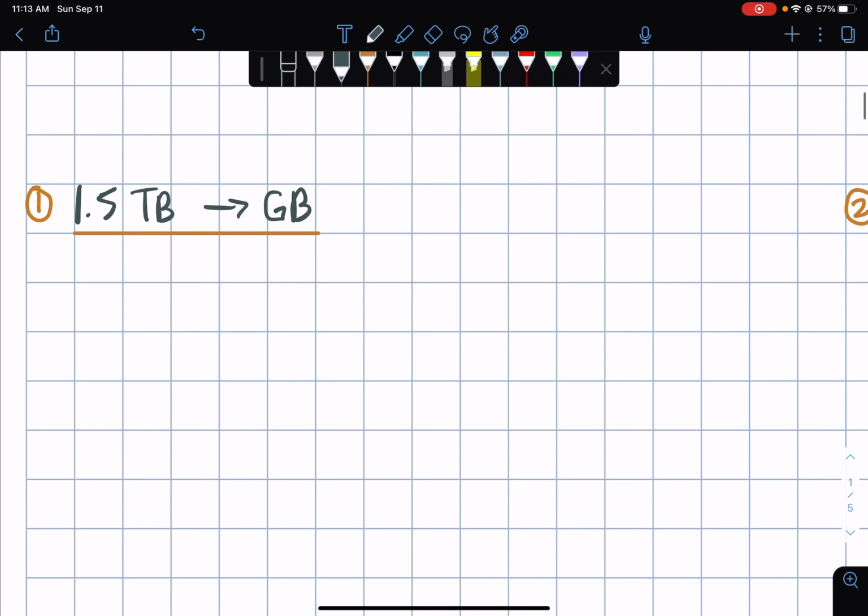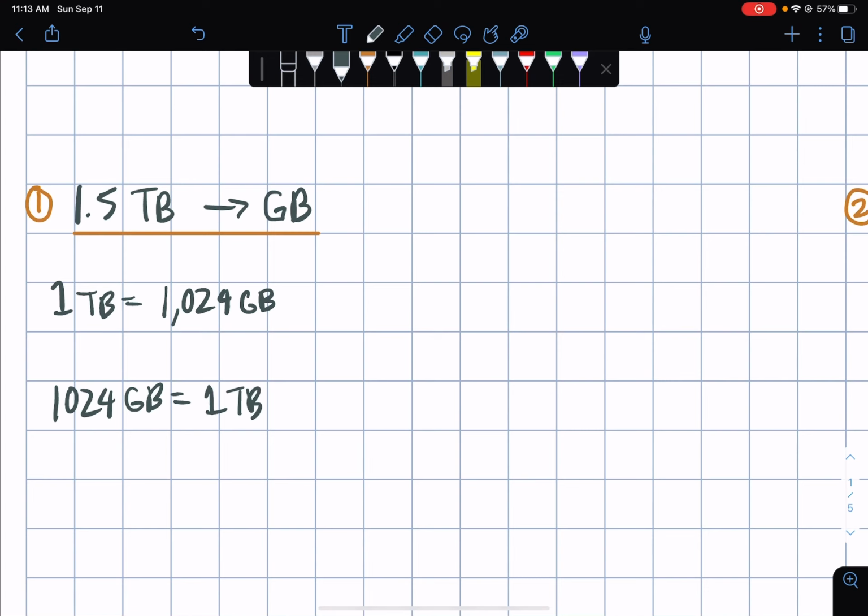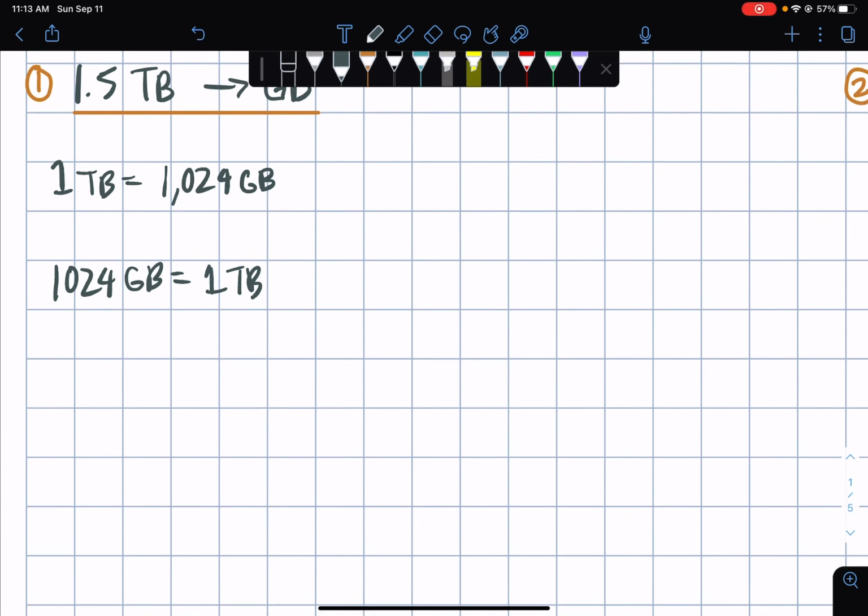With number 1, we have to convert 1.5 terabytes to gigabytes. We do have to acknowledge again that 1 terabyte is equal to 1024 gigabytes. And in that sense, we just have to interchange their positions. What's on the right will be on the left and vice versa.